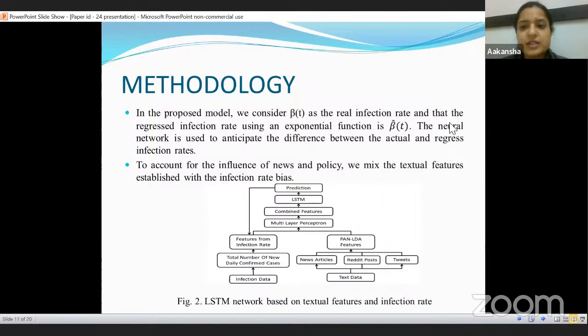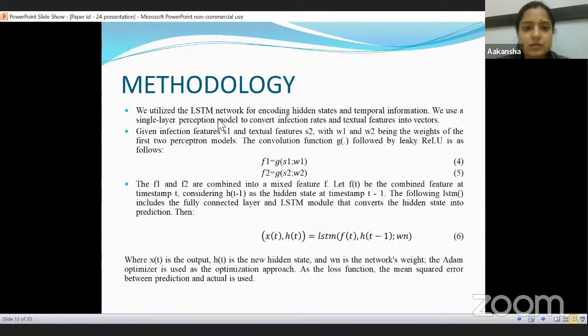So the LSTM model is the one that was used to anticipate the difference between the actual rate calculated using the SIR model and the regression infection rates. We utilized the LSTM network for encoding the hidden states and the temporal information.